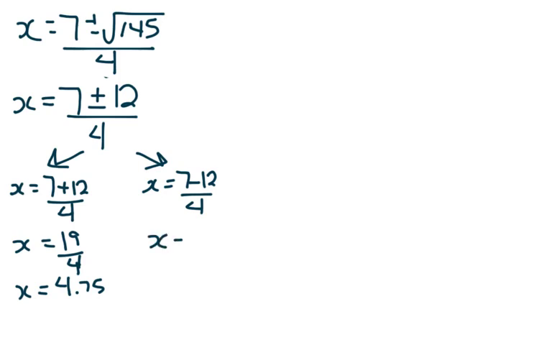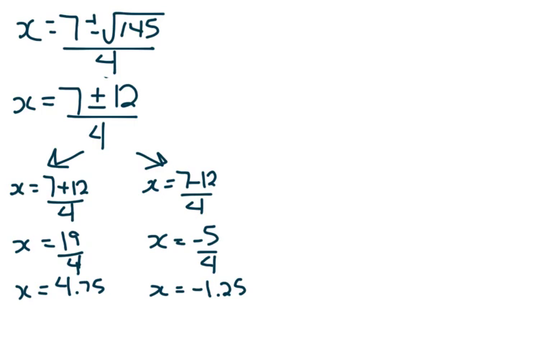And on the right, we get x equals negative 5 over 4, which would work out to negative 1.25. Now we have our solutions to the quadratic equation.